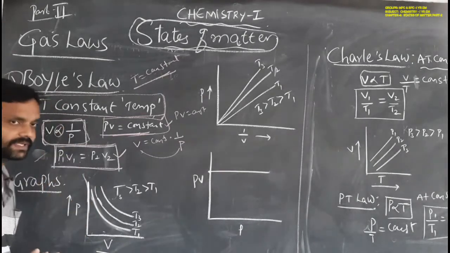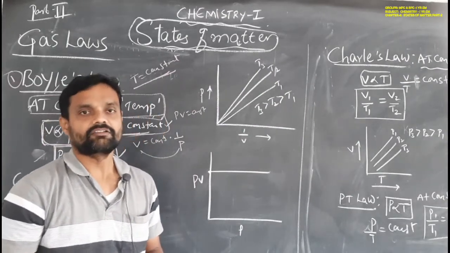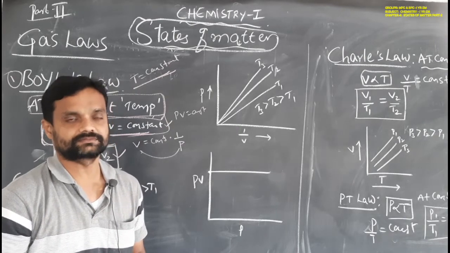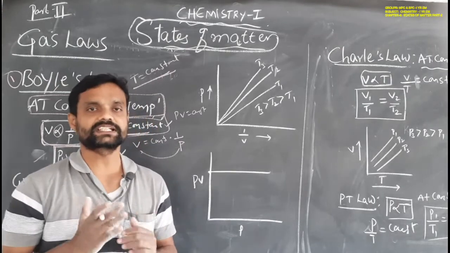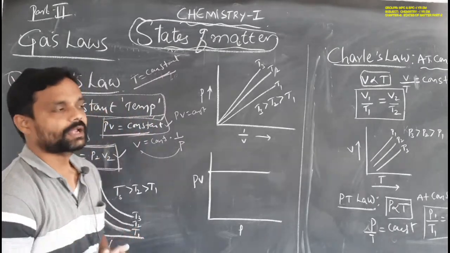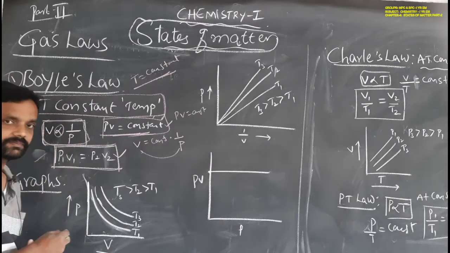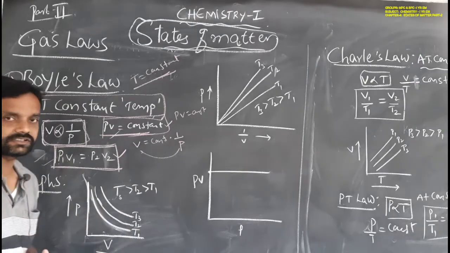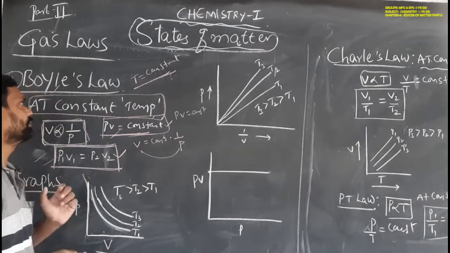At constant temperature, for a given mass of a gas, volume is inversely proportional to pressure. Mathematically it is represented as V is proportional to 1 by P, or PV equals constant, or P1 V1 equals P2 V2. So this is about Boyle's law.